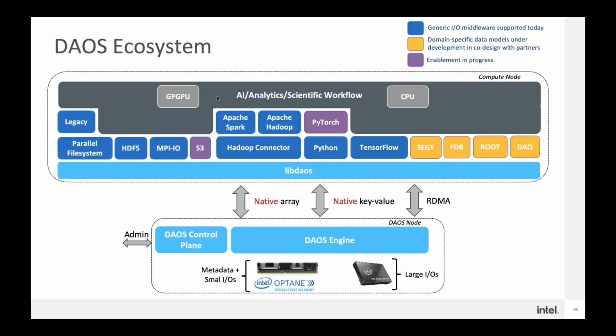We are working on different I/O middlewares and data formats to integrate the DAOS API directly with them, instead of building a POSIX system for DAOS and allowing those I/O middlewares to run on top of POSIX, because POSIX has serialization constraints, since streaming files is the storage model exposed by POSIX. So we don't actually build a POSIX file system. Instead, we are trying to build all those I/O middlewares on top of the DAOS API.